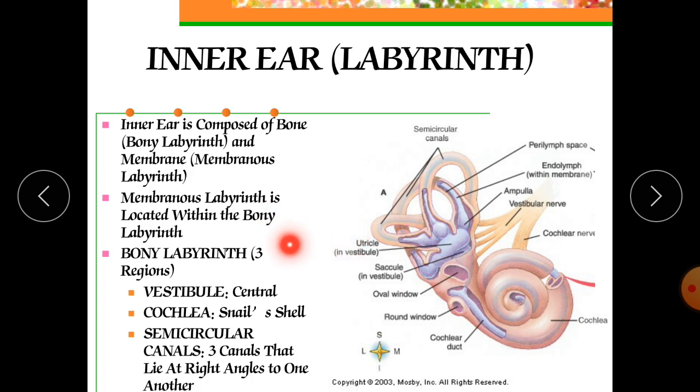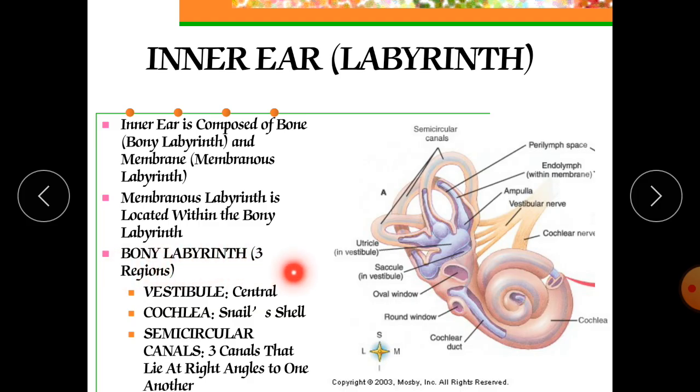There are more than 16,000 hairs available as receptors for hearing. The epithelial membranous labyrinth contains the endolymph. The level of potassium ions in endolymph is usually high for an extracellular fluid.